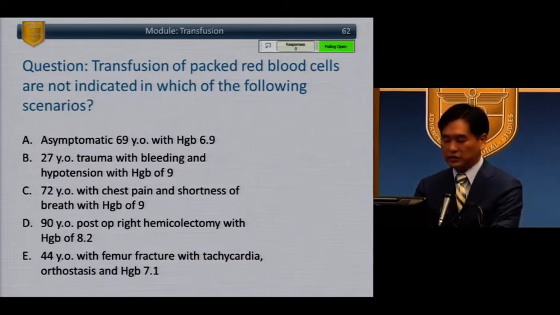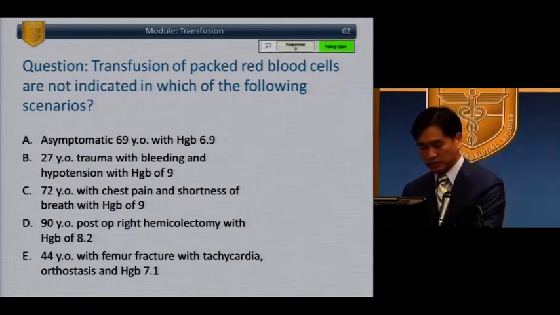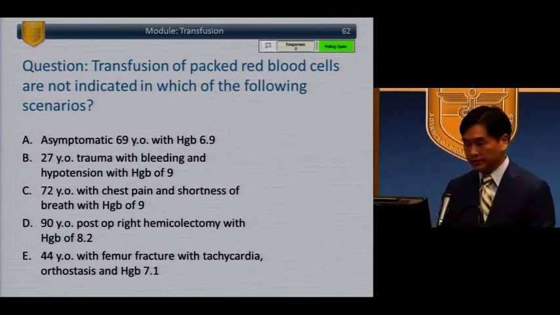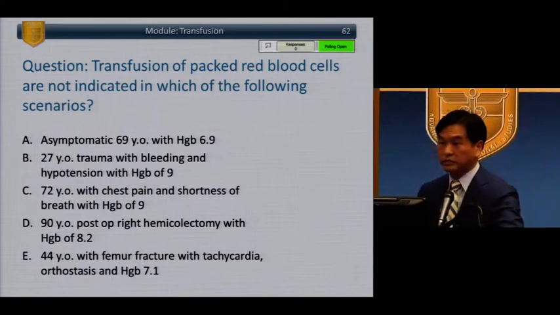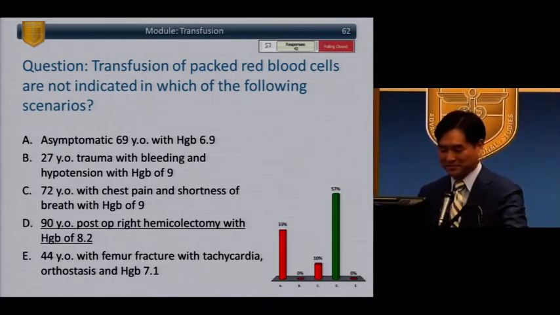C, 72-year-old with chest pain, shortness of breath with a hemoglobin of 9. D, 90-year-old post-op right hemi with a hemoglobin of 8. E, 44 femur fracture with tachycardia, orthostasis, hemoglobin of 7. Polling is open. Use your 5 seconds. Okay, good.